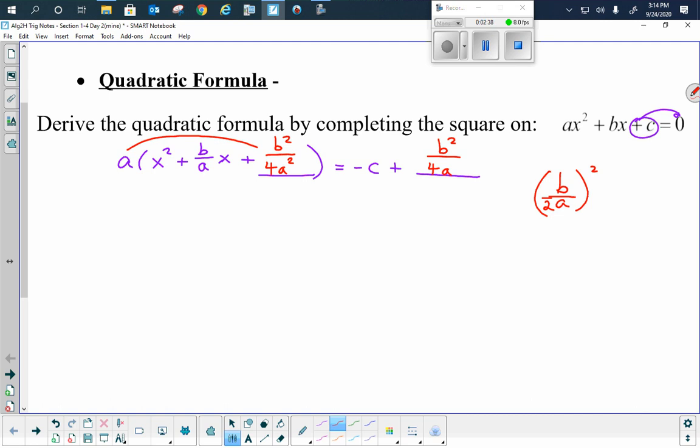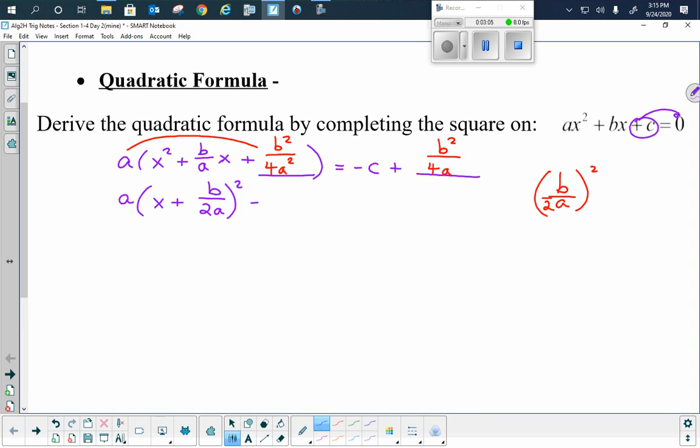Okay, so next, we said the magic number, if you will, is when you divide by 2 for that middle coefficient on x, that is what should go into your perfect square. So we should get the b over 2a, and you could check it for yourself. Put that down, multiply it out, see if you do get the above.